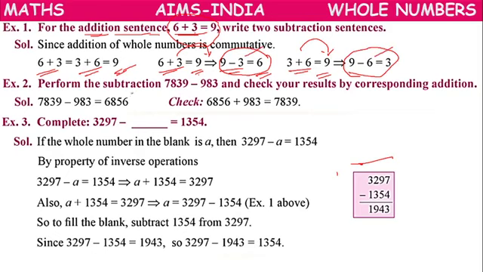Okay. So next, example 2. Perform the subtraction 7839 minus 983 and check your results by the corresponding addition. So we have to do the subtraction. 7839 minus 983. 9 minus 3, 6. 3 minus 8 we cannot do.